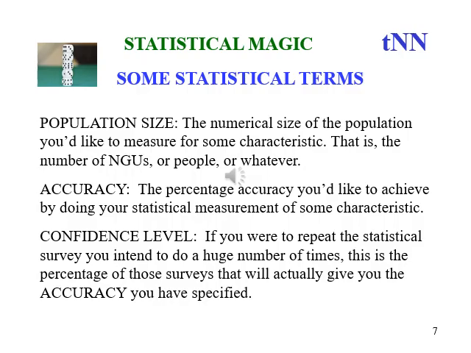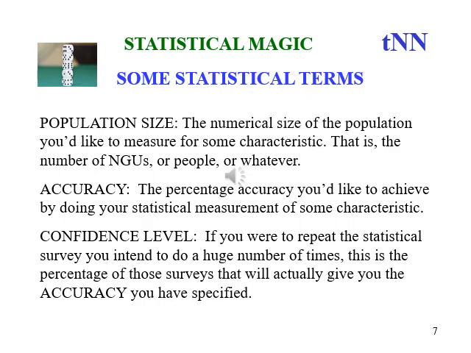To discuss this further, we need to indicate some statistical terms. Population size, which is the numerical size of the population you'd like to measure for some characteristic. That is the number of NGUs, the number of people, or the number of whatever. Another term, accuracy. What's meant by this in statistics?